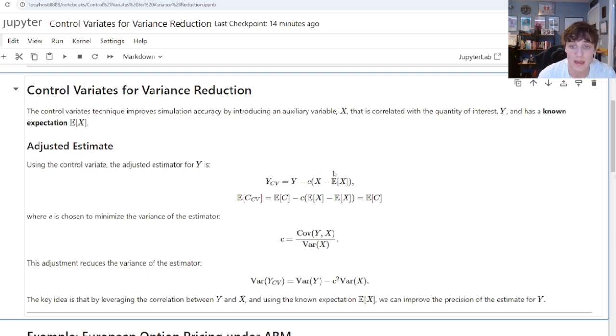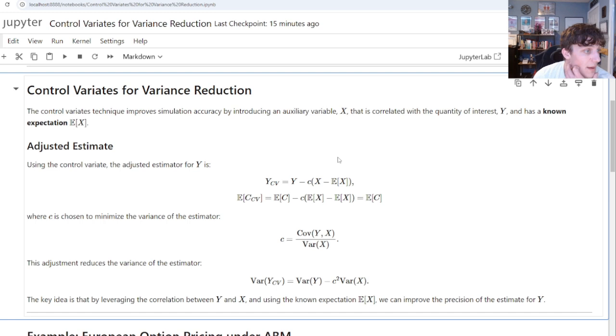Now, what you'll notice here is we have the expectation of X. If we have some sort of model whose dynamics enable us to have in closed form the expectation of, say, the stock's price at maturity, then this is going to be extremely correlated with the target quantity of interest, and we're going to achieve variance reduction.